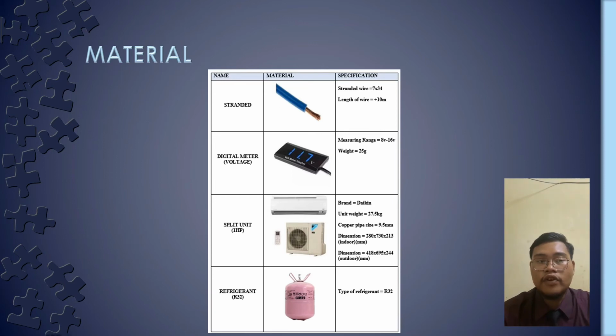For the split unit, we choose 1 horsepower, Daikin brand, and unit weight is 27.5 kg. The copper pipe size is 9.5 mm, and the dimension for indoor is 280 times 730 times 213 mm. For the dimension of outdoor, we use 418 times 695 times 244 mm. And for the refrigerant, we use R32.